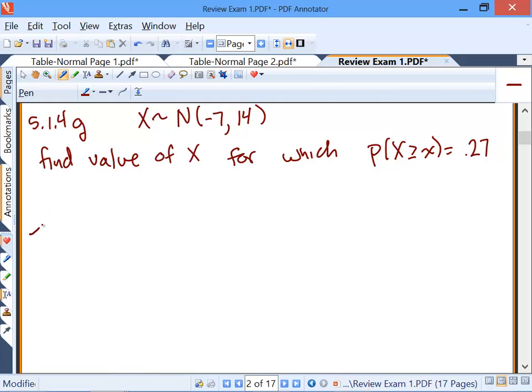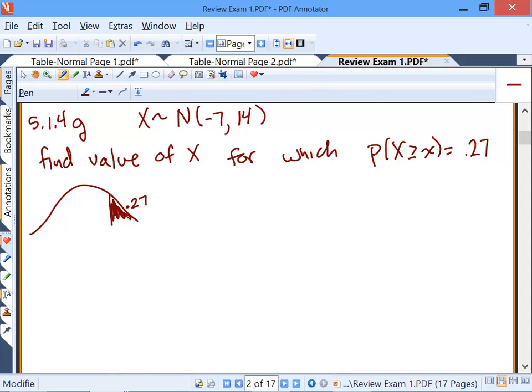So find the value of x for which this is true. So what that means is I want the area to the right to be equal to 0.27. Now, I don't have a table for a normal distribution of -7 and 14, but I do have a table for the z distribution for my standard normal. So what I'm going to do, sorry, I like to put my areas above my curve.